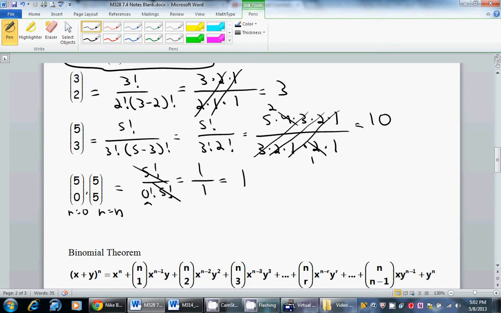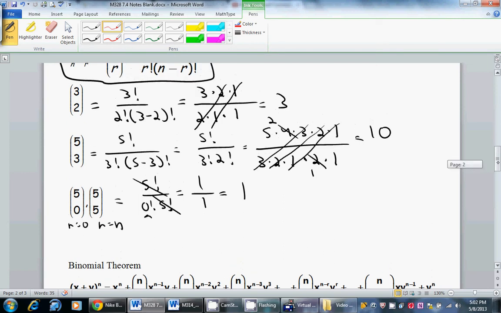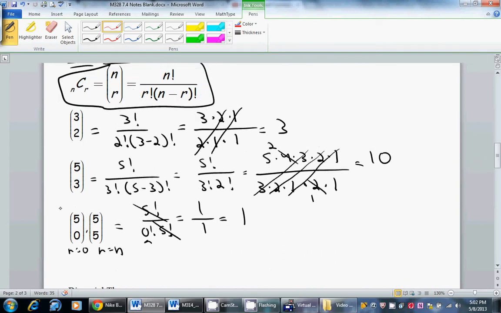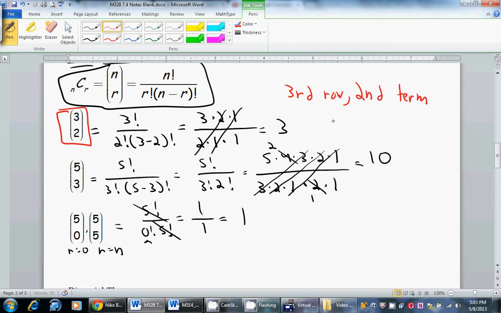Okay, now here's something that's kind of unique, and the reason why we call this the binomial coefficient is because the answers we get here line up with elements inside Pascal's triangle. So when we did this first one, what we were really doing was looking at the third row of Pascal's triangle and the second term. Let me go back to Pascal's triangle for a second.